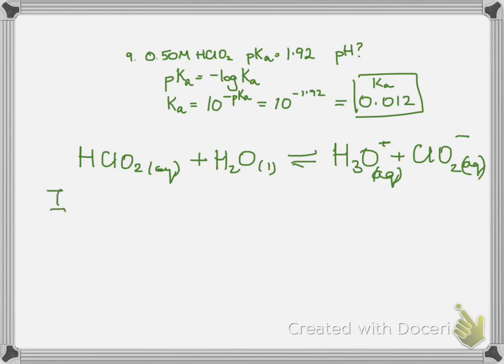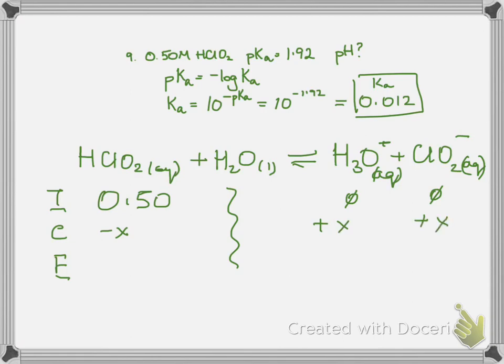I, C, E. The initial concentration of the acid, 0.50. Water, again, and 0 for the ions. Minus X is the change for the acid, and plus X and plus X for the ions. So 0.5, 0 minus X, and X and X.